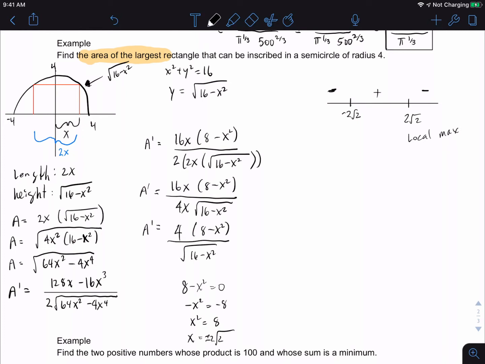When you're doing these problems, the only corner that you're going to look at is you're always going to look at the right corner, okay? So you don't really have to worry about this other value. Does that make sense? And since we've shown this to be a local maximum, we have found what it would be.